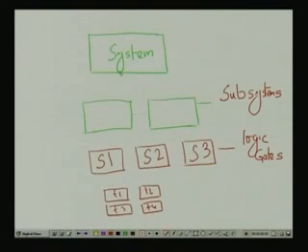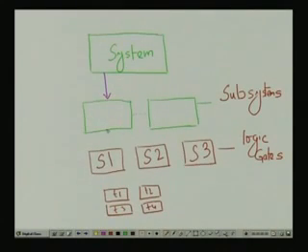So, why is it called top down? For this system, first it is partitioned into subsystems.